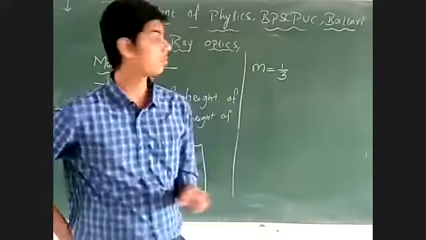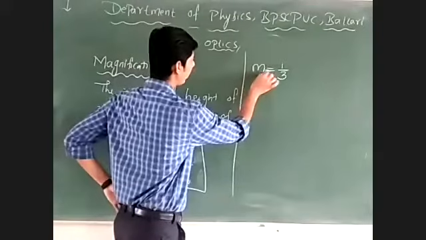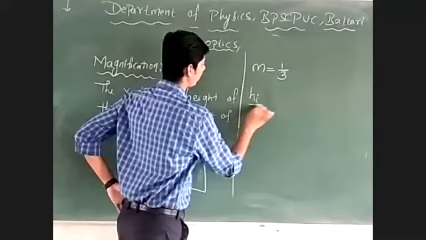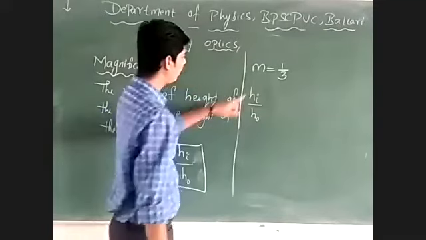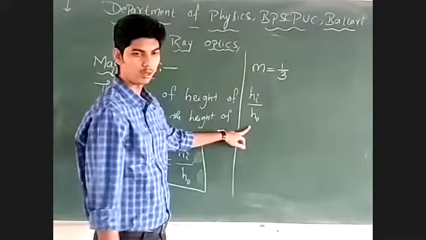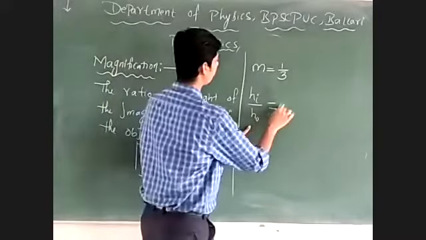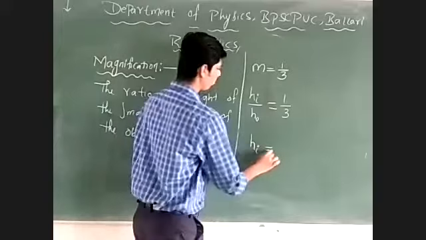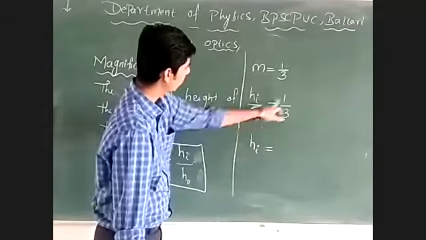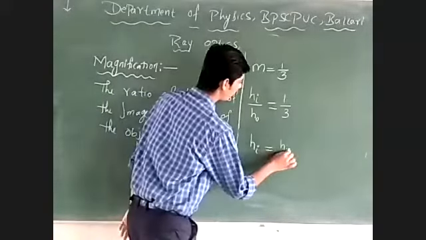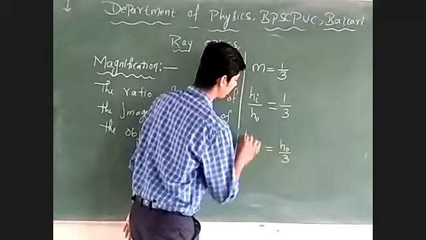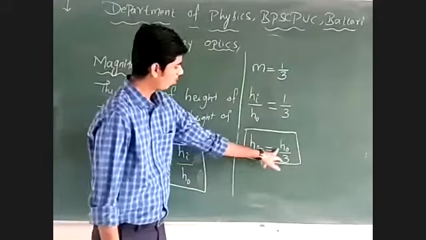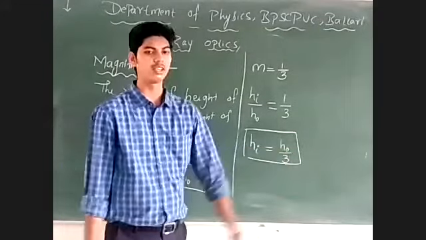Magnification is defined as height of the image to the height of the object, and it is said to be 1 by 3. So height of the image will be equal to height of the object divided by 3. Height of the image is 1 by 3 times the height of the object.